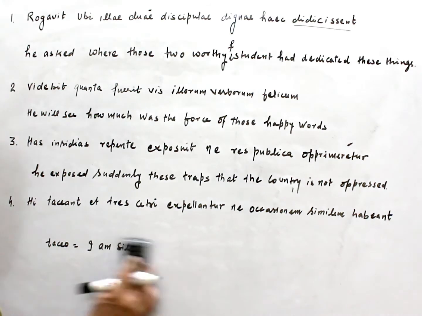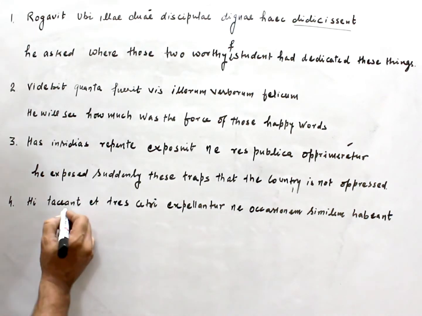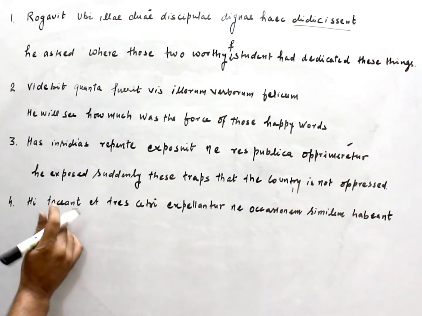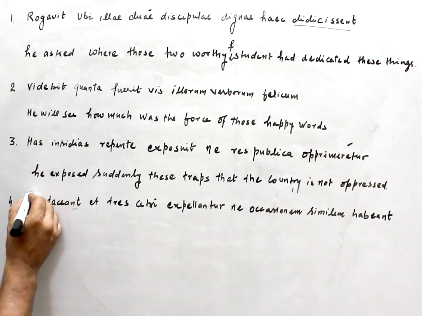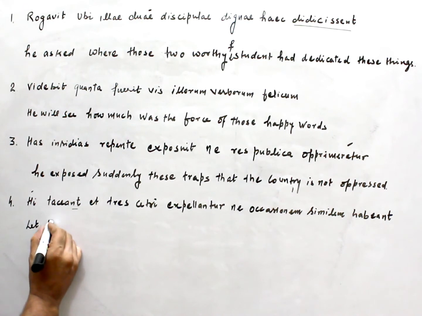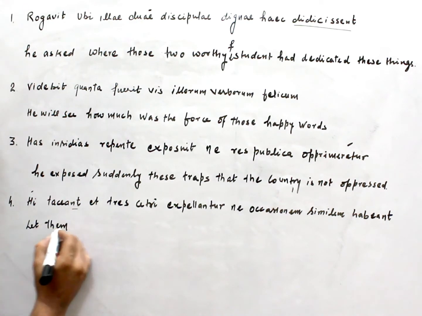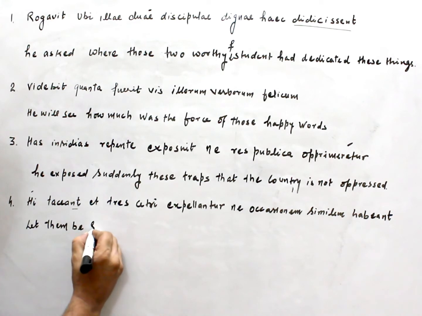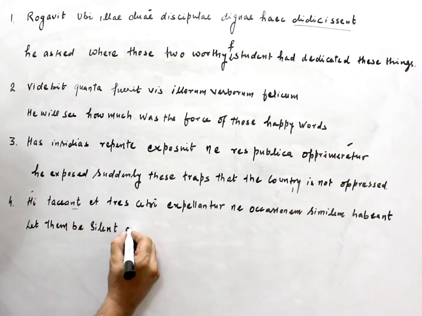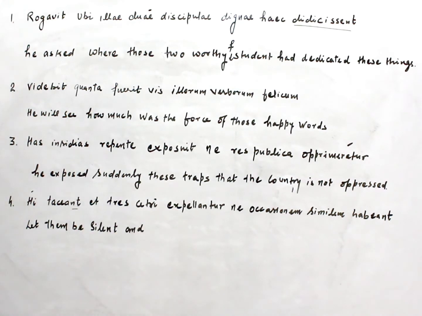So now tace is, because nt is there, so they, let them be silent, and this is also plural. Let them be silent. At means and. Hi is here. This is also for male or female.